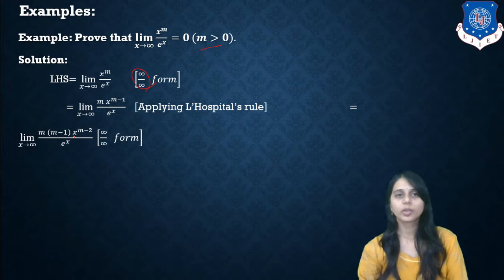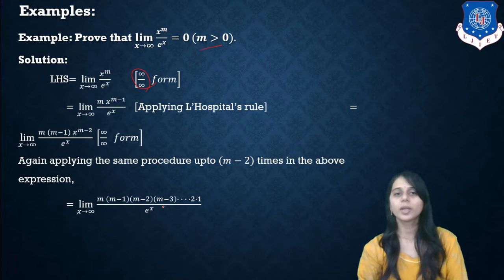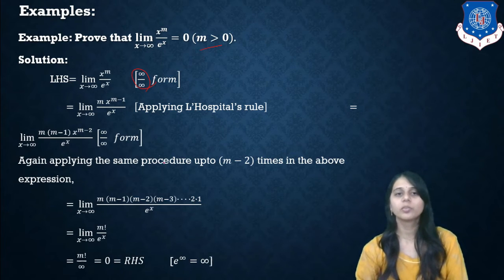Applying x tends to infinity, we again get infinity by infinity formation. Again applying the same procedure up to m times, we get m into m minus 1, m minus 2, up to 2 into 1 upon e raised to x. So it is m factorial by e raised to x. If we apply x tends to infinity, e raised to infinity is infinity, so we get 1 by infinity, which is 0.